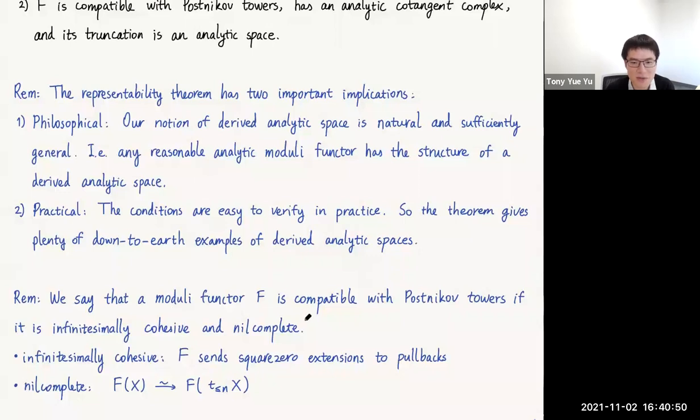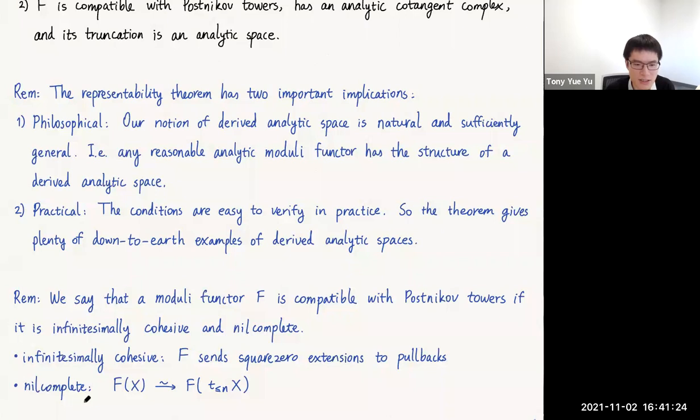Let me just remark that when we say that a moduli functor F is compatible with Postnikov towers, if it is infinitesimally cohesive and nilcomplete, we are just following the terminology of Lurie. Infinitesimally cohesive means that F sends square zero extensions to pullbacks. It's related to Schlessinger's criteria in usual moduli problems.